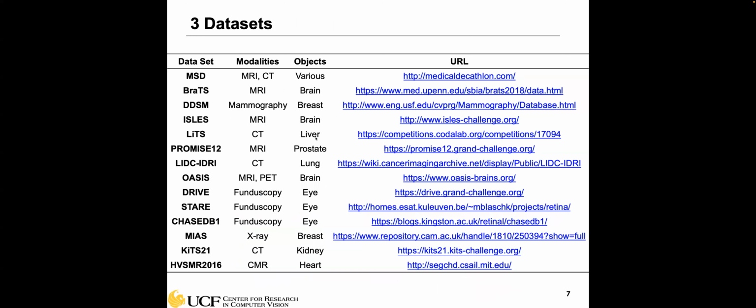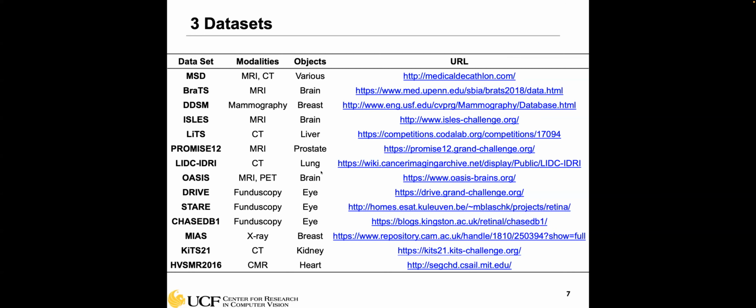For data sets, here I list several of them. We have different modalities and also different objects. Some of the data sets contain images like MRI and CT, and they may target a specific body region: brain, breast, liver, prostate, lung, etc. It depends on what kind of application you are interested in.